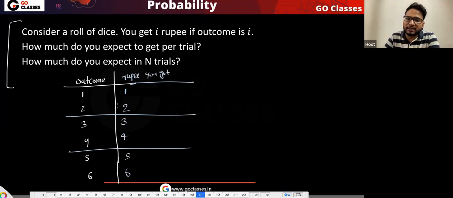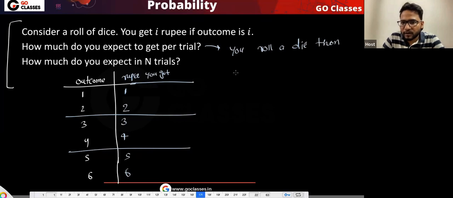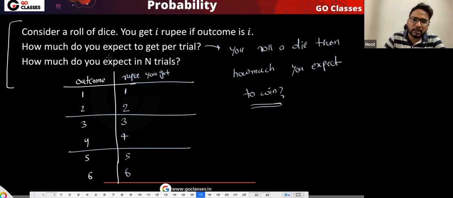Which means you roll a die, and then how much you expect to win. What is the answer? So I'm asking about the expectation of rupees, right? How much rupees you expect.